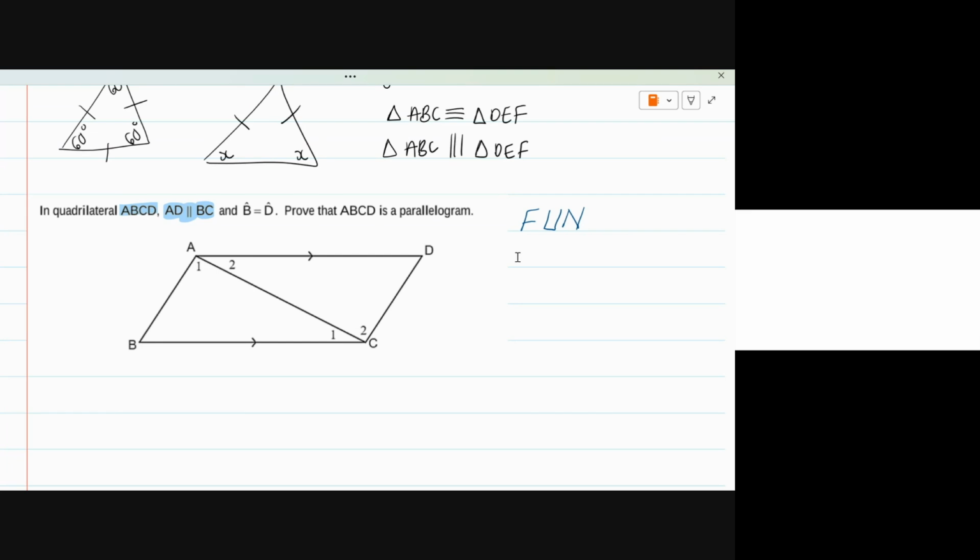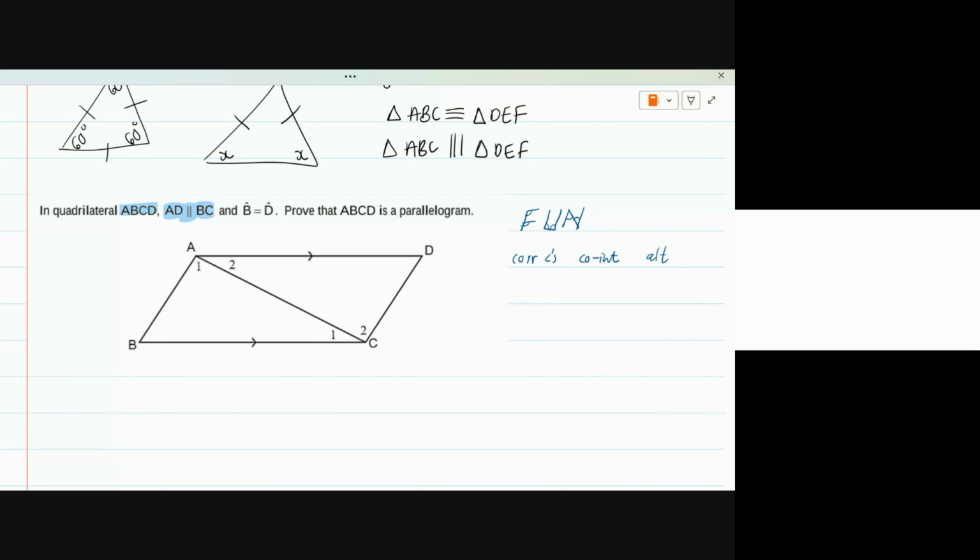Yes, good. We've got corresponding angles. We've got co-interior angles, and we've got alternate angles. Okay, all of these are fun. Remember, corresponding are those, co-interior, those two must equal 180, and alternate angles, those two must be equal to each other. So whenever we see parallel lines, that's the first thing we need to think of.